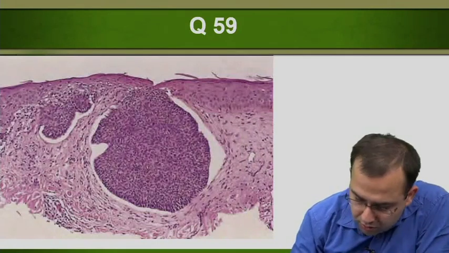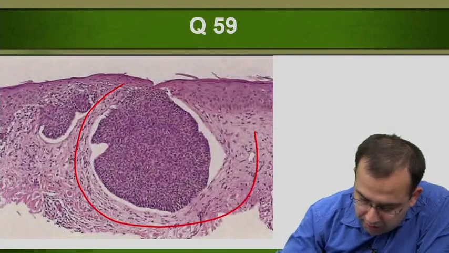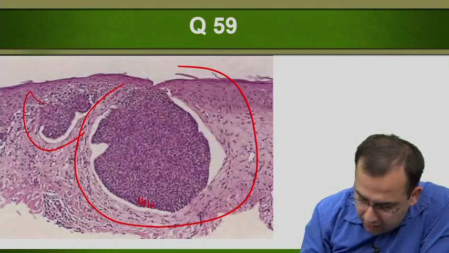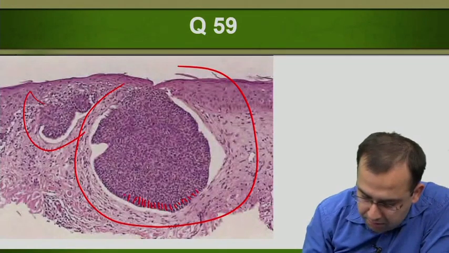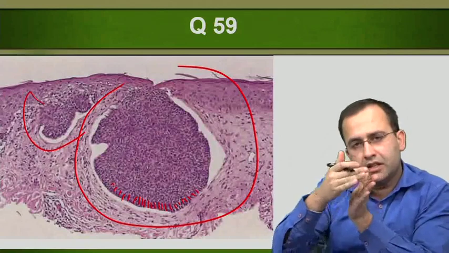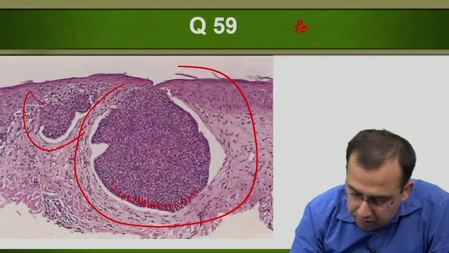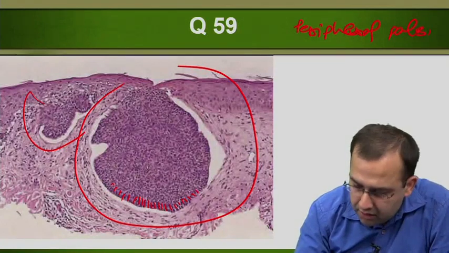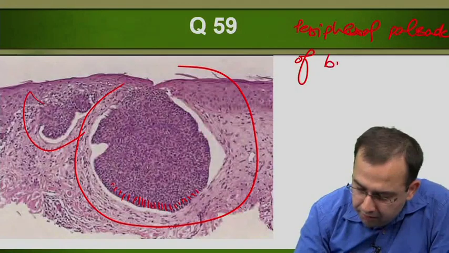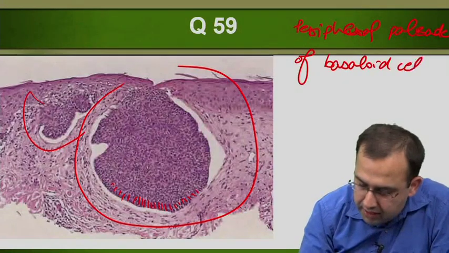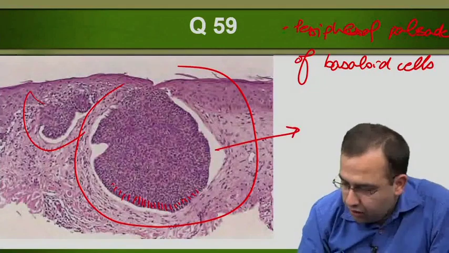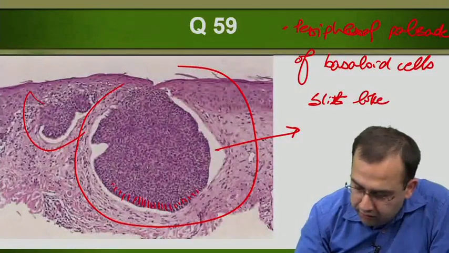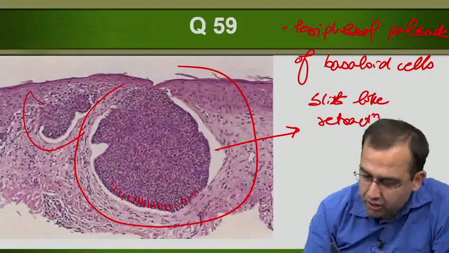Next, diagnosis. This is the abnormal affected area, this one and this one. Let us concentrate on the bigger one. It is showing a peripheral palisade of basaloid cells, present in a palisaded manner, with the presence of slit-like retraction.